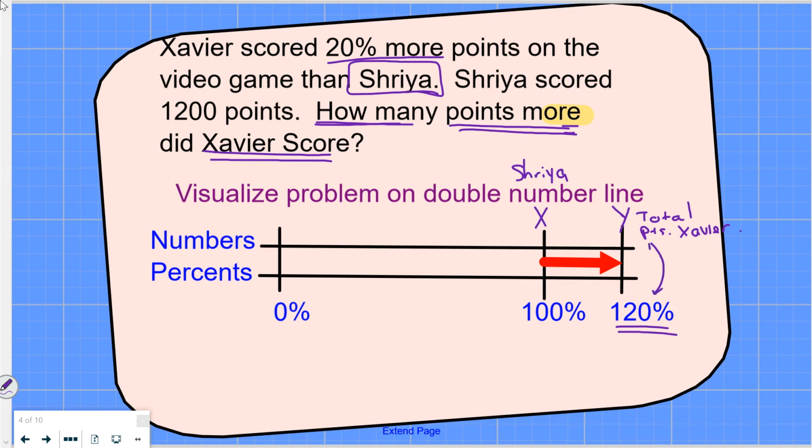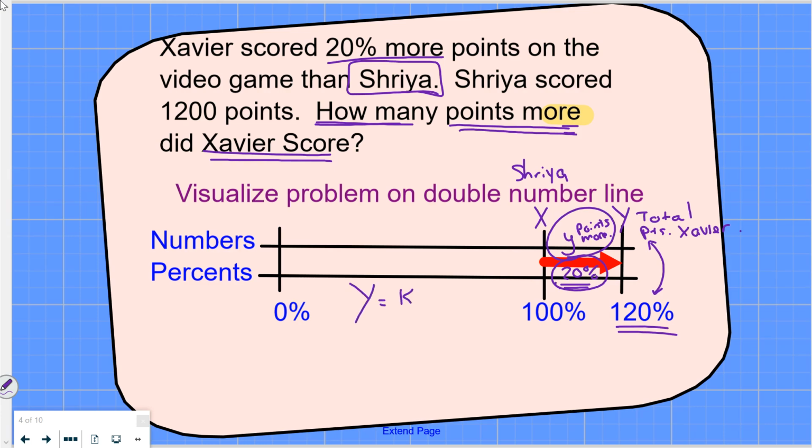If I used a k of 120%, I will find Xavier's total number of points. But if I look at 20% as the percent more, that would calculate a y of the points more. Depending on what k you use is going to tell you what y you're going to use.